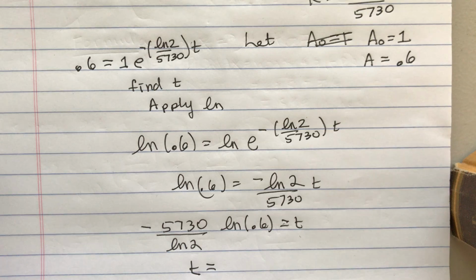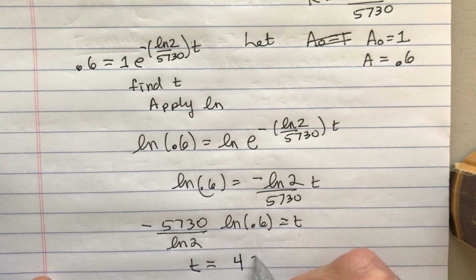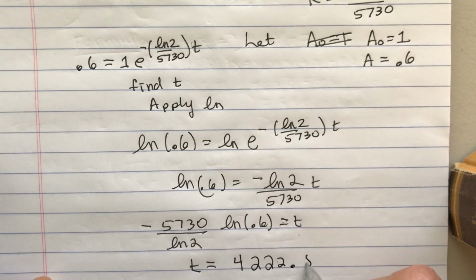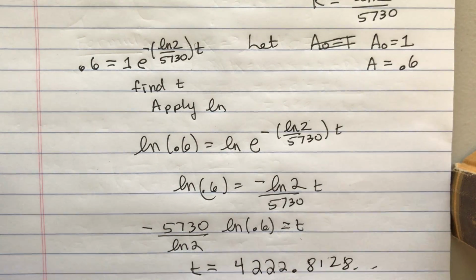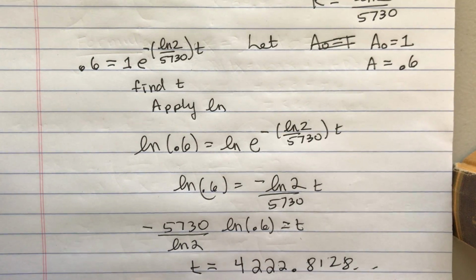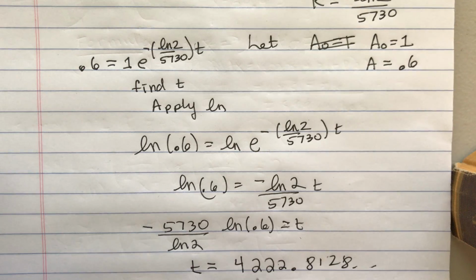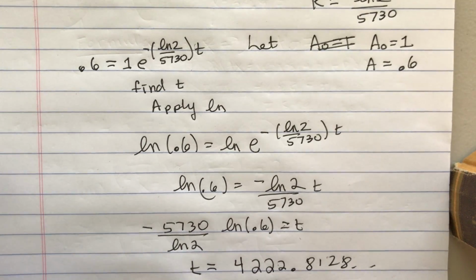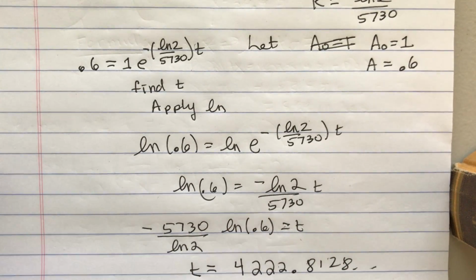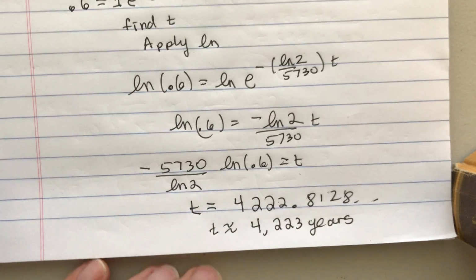And hopefully I got that right. This is 4222.8128, etc., so t is around 4,223 years old. So that's how old this cloth is.